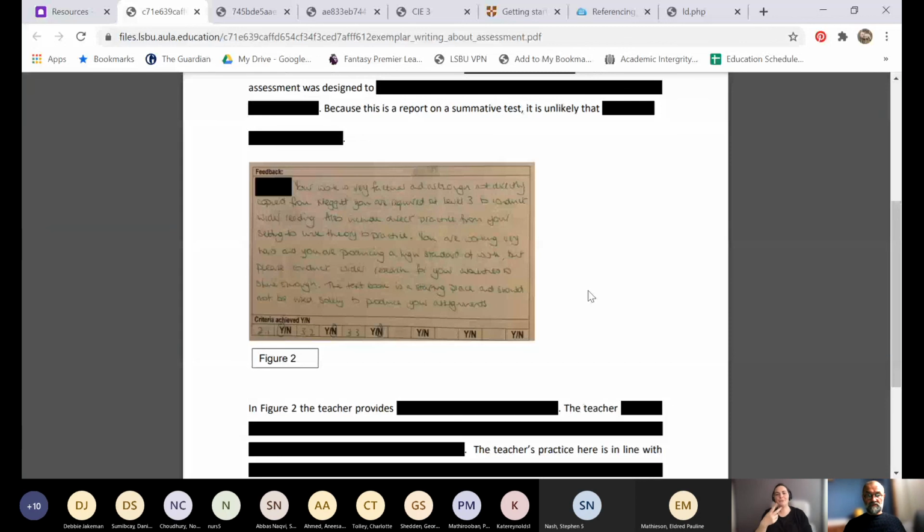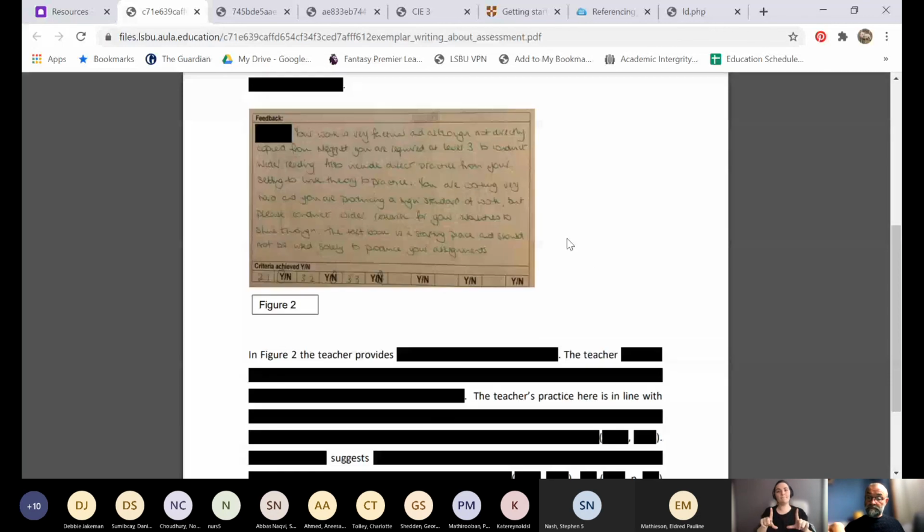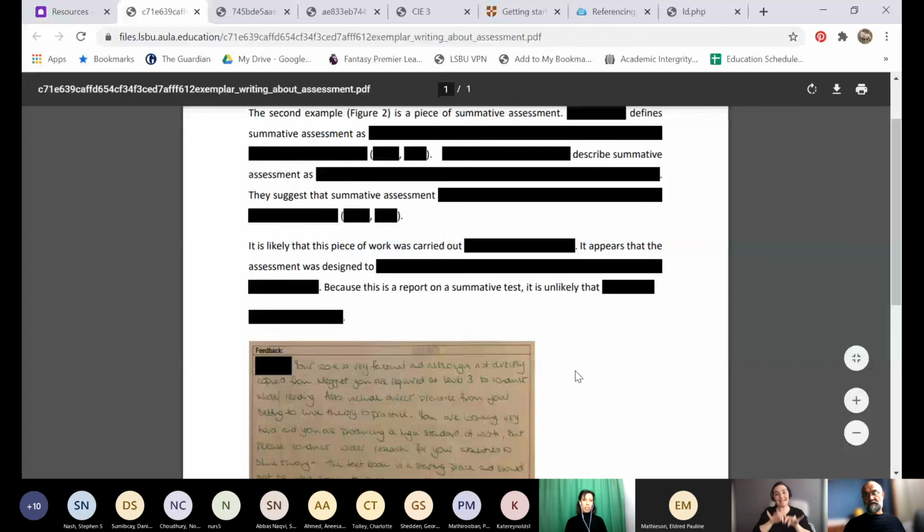So this particular student is talking about this particular example, and what they've done is they've dropped the example as a screen grab. So control print screen, and they've dropped it into their assignment and done a little bit of cropping. And then in the text, they have referred to the example, and this is what they've done.